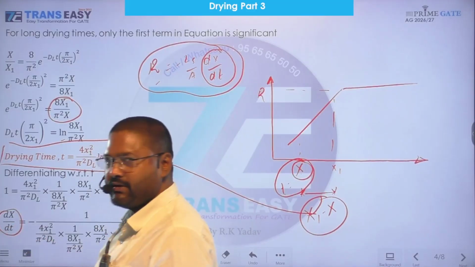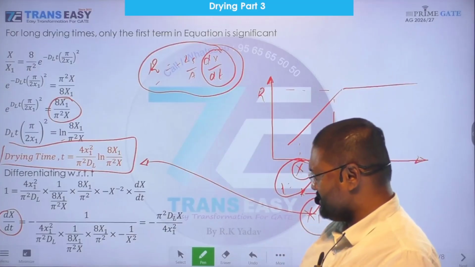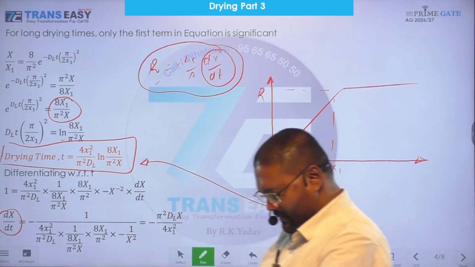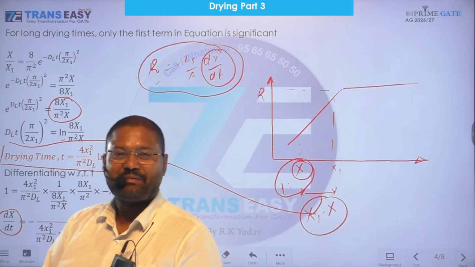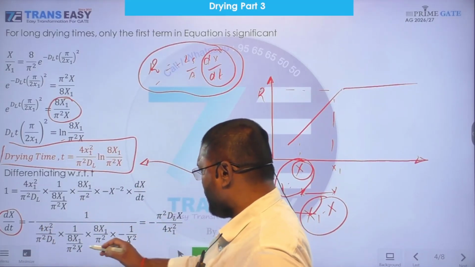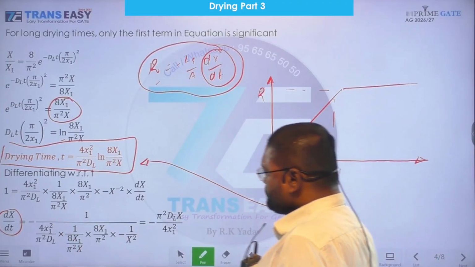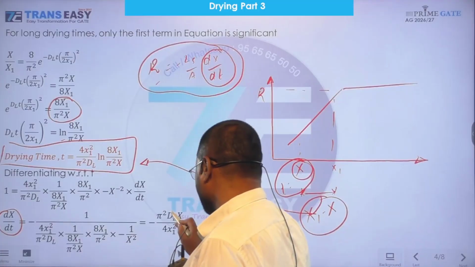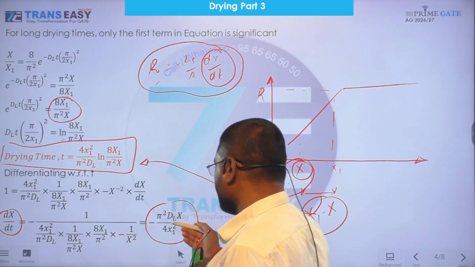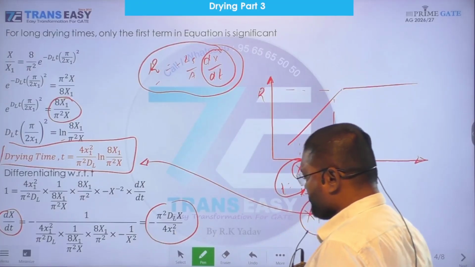I am not here to teach you differentiation. This is not a mathematics class, and this is not BTech-like mathematics. Right? Already we have learned it in 11th and 12th class. So dx upon dt is this: minus pi square Dl x upon 4x1 square.